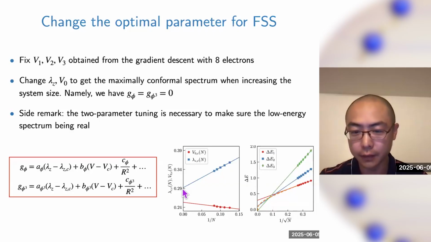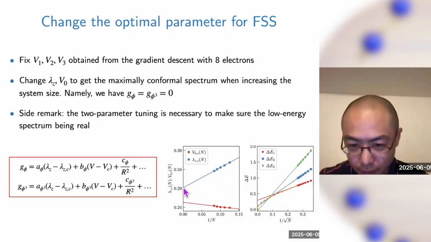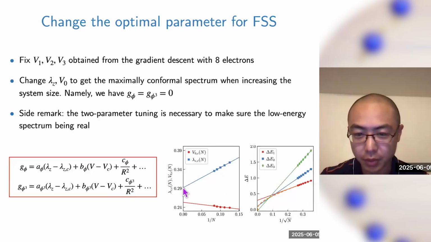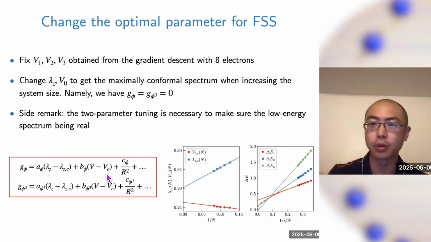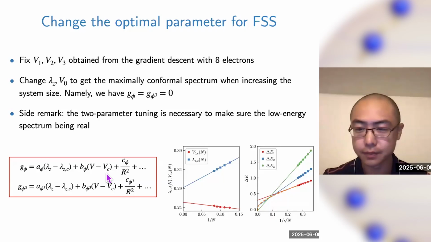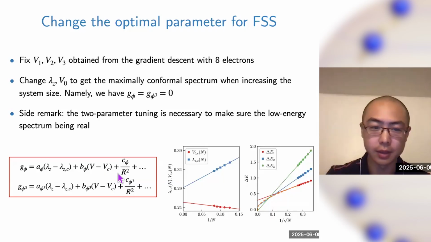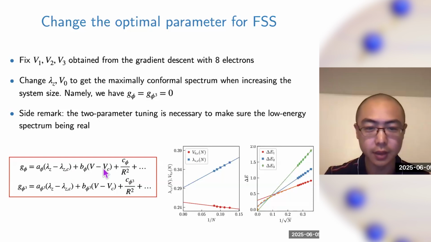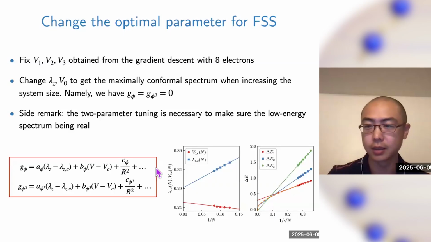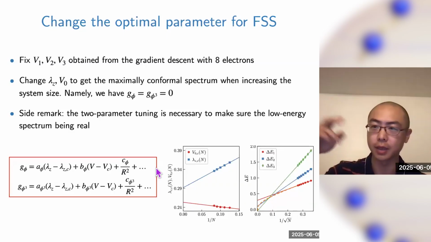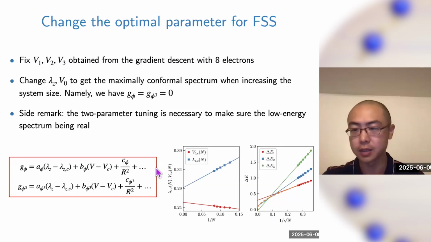And if you do finite size scaling of these parameters, these 2 points seem to be lambda zc and Vc, the critical point in the thermodynamic limit. And if you just plug in lambda c and Vc, compute the energy gap and look at the finite size scaling of the energy gap, this is what you'll find.